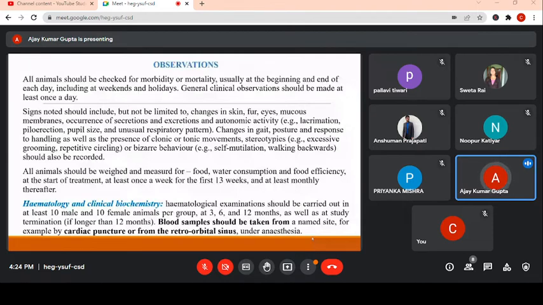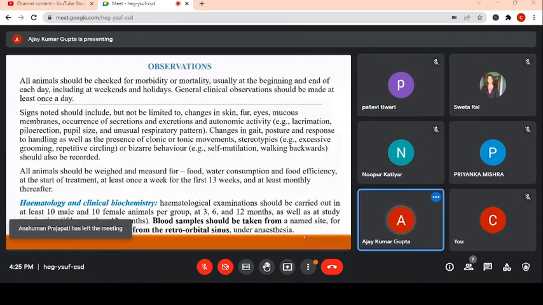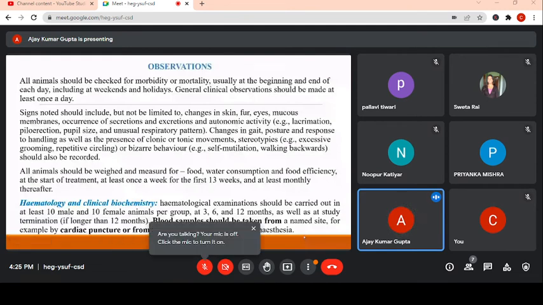So blood samples should be taken from a named site, for example, by cardiac puncture or from the retroorbital sinus. So from the retroorbital sinus, which we are regularly doing in our institution, when animal is alive, and cardiac method is adopted when we sacrifice the animal. So both the processes have to be done under proper anesthesia.